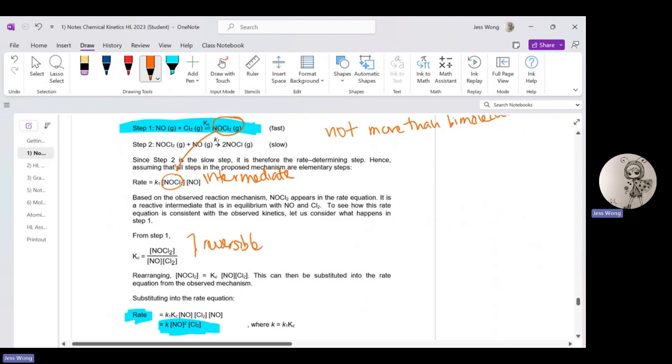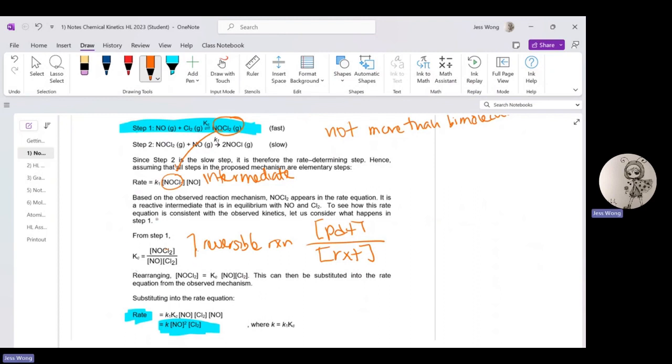When you have a reversible reaction, Kc is the products raised to their stoichiometric ratio over the reactants raised to their respective mole ratios. So the product will be NOCl2 raised to the power of 1, because there's only 1 mole, divided by the reactants, NO raised to the power of 1 and Cl2 raised to the power of 1, because there's only 1 mole each.